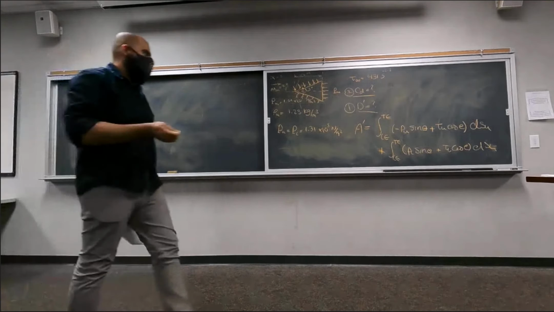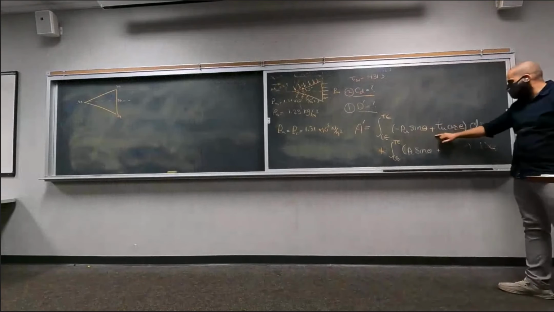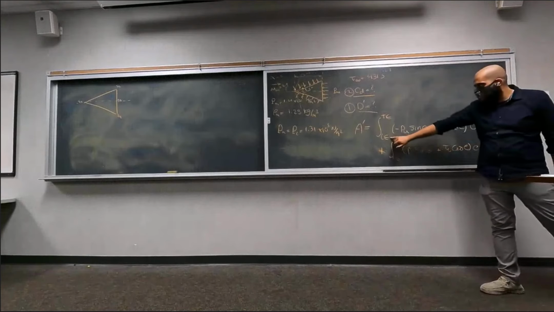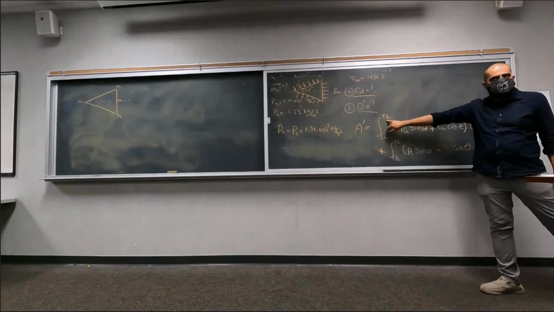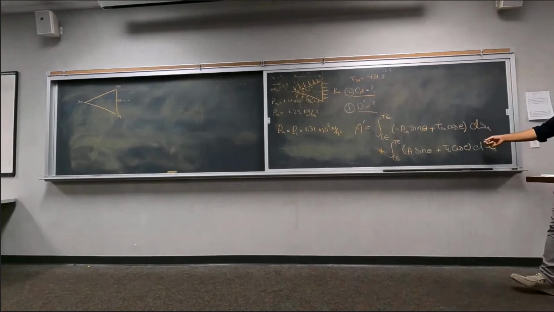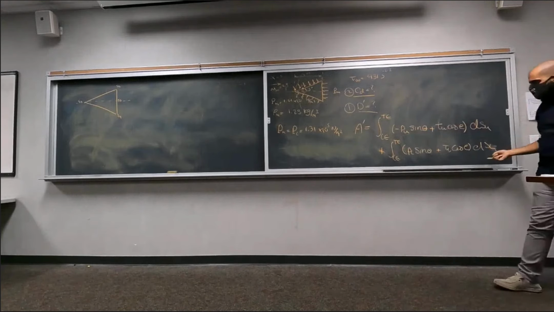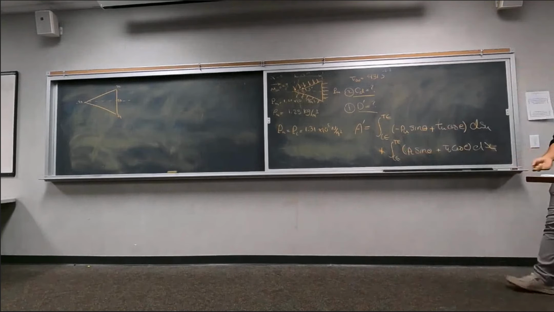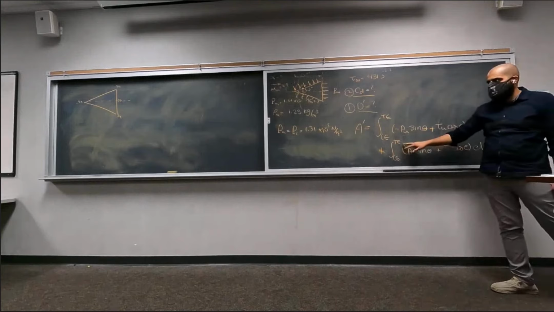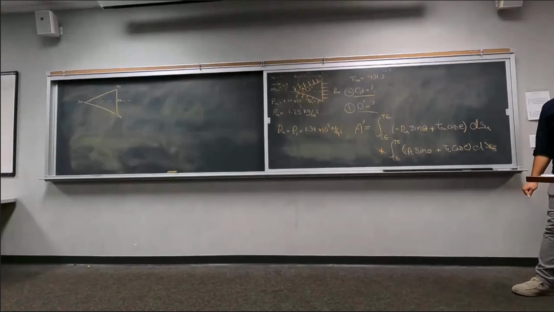So the first integral can be divided into 2 integrals: the integral of this whole thing from S1 to S2 on that line, and then again from S2 to S3. Then for the lower surface, we're going to get the integral from S3 to S4 and from S4 to S1 again. Does this make sense?